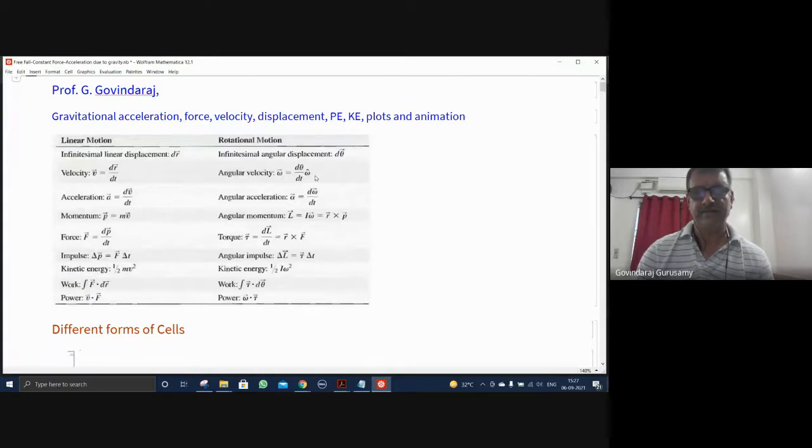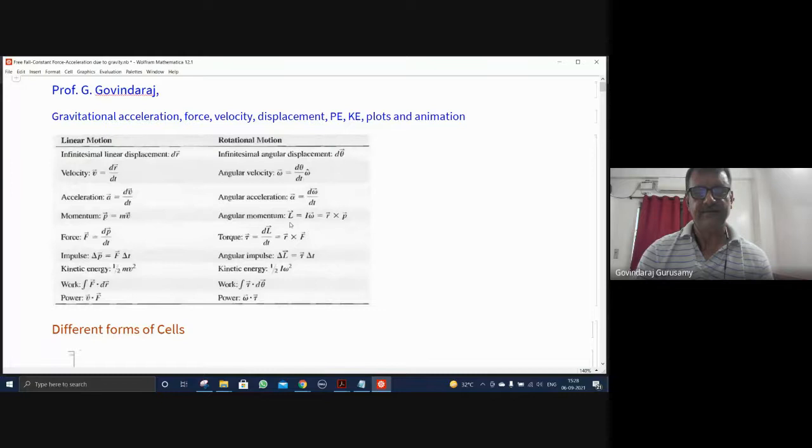Omega is a vector, and the derivative of this again is going to be an alpha. And you have an angular momentum corresponding to the momentum. There's an angular momentum which is equal to r cross p. This is a vector quantity. This is also vector. This is also vector. Then force equivalent is the torque. Take a derivative of the momentum. See, now you can see they are all playing with the space time only.